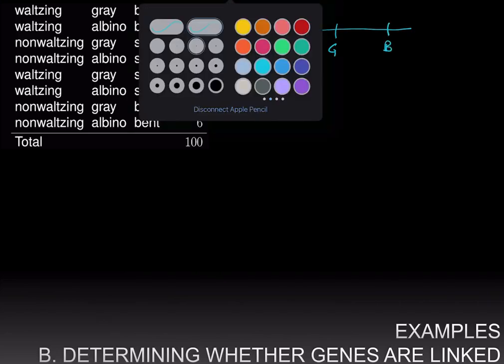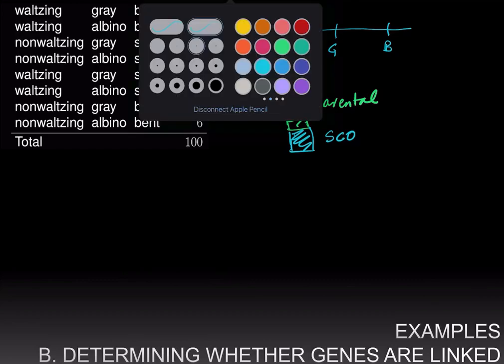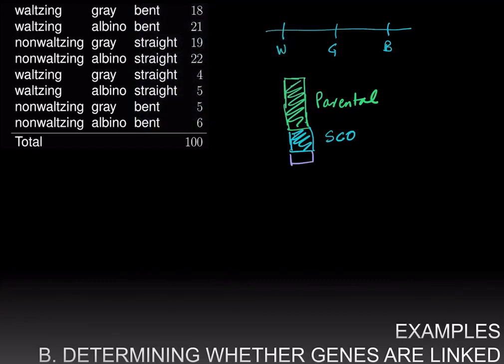Now we know that in such situations there is a very typical pattern of progeny phenotypes, and that pattern is that the parental genotypes are the most common, followed by single crossover genotypes or phenotypes, and the double crossover genotypes are the least common.